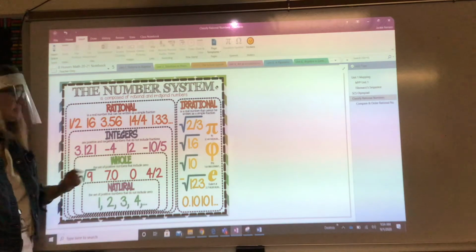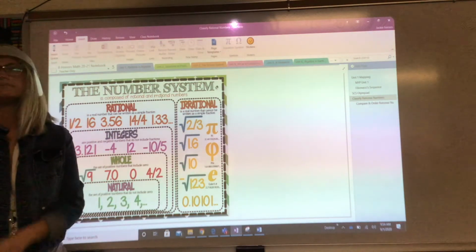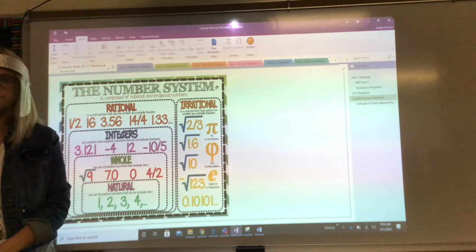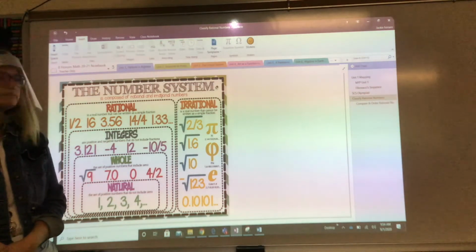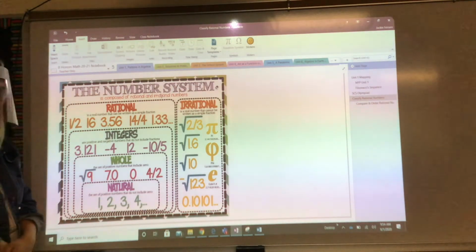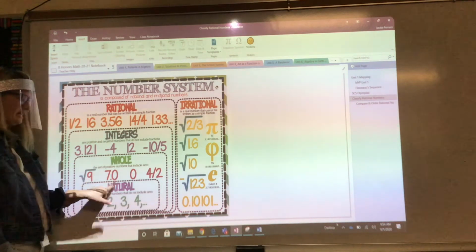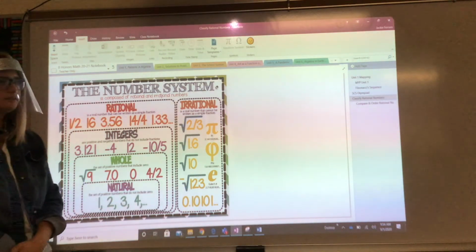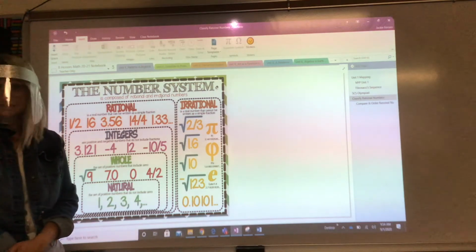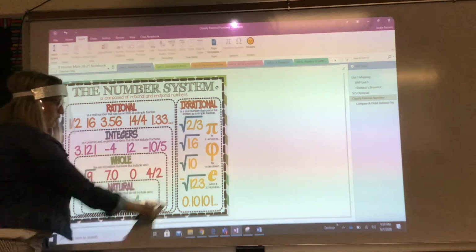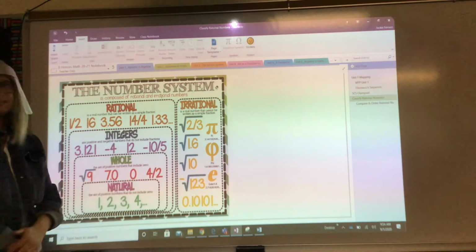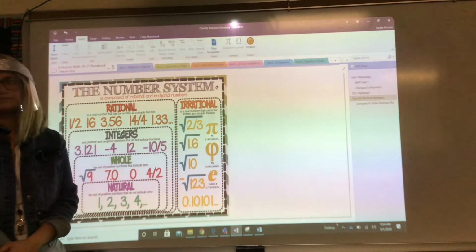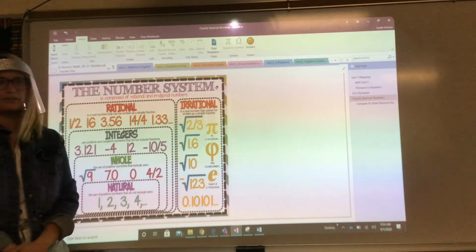What about 7.0? It's a whole number because if you take away the decimal point, it's 7. Could 3 and 7 also be considered natural? Yes. That's why whole includes natural numbers. What about 0? Could 0 be a natural number?